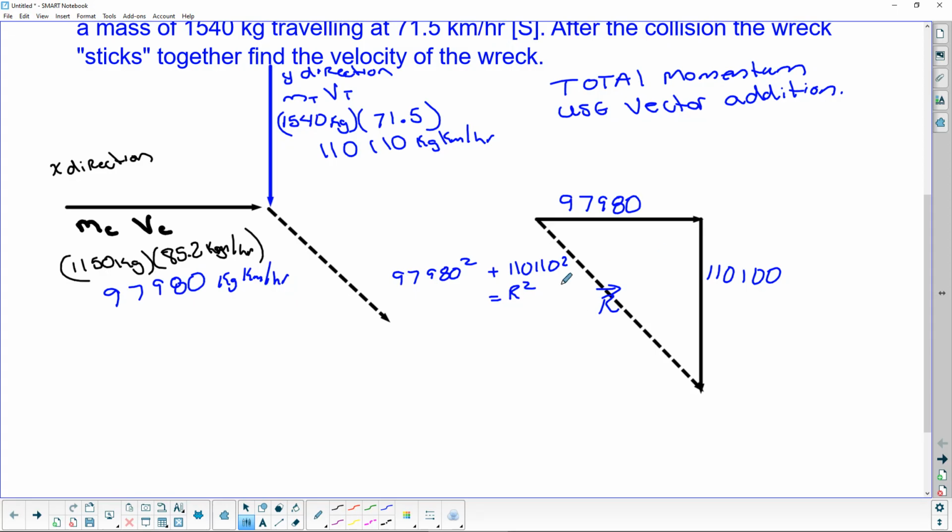So I get my total momentum when I square root that: 147,392 to the nearest whole number. And that's kilometers per hour. We're only going to end up rounding it off to 3 significant figures, but we'll keep those numbers for now. So that's our initial momentum.